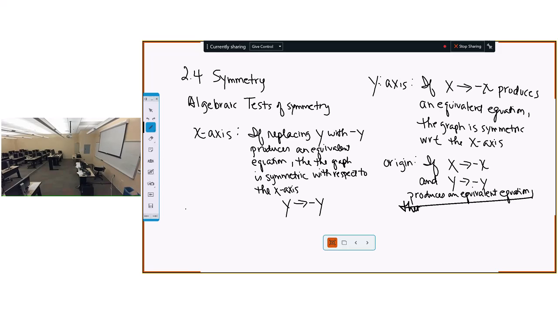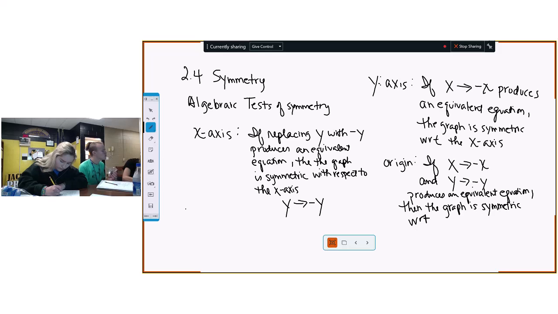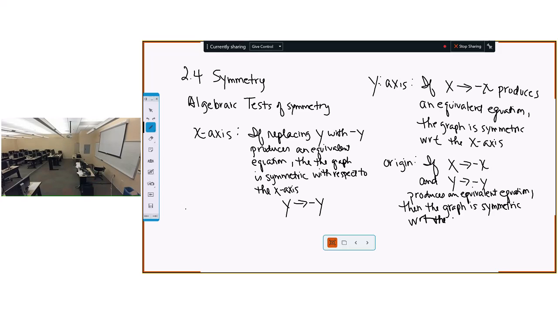Then the graph is symmetric with respect to the origin. Okay?